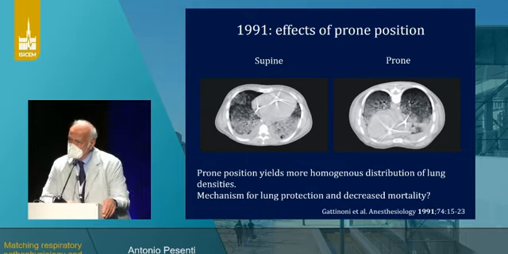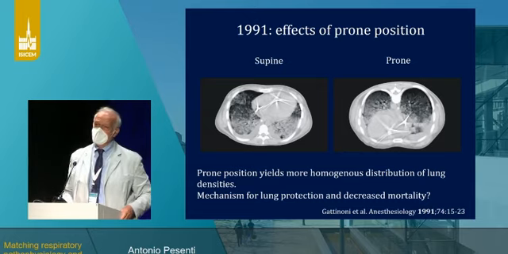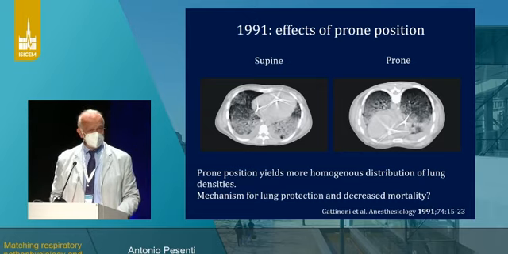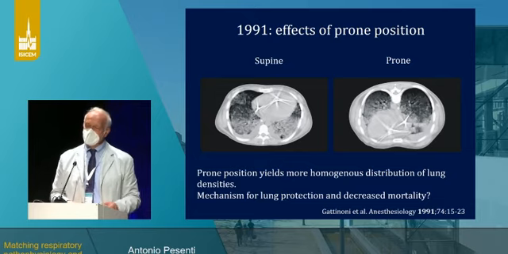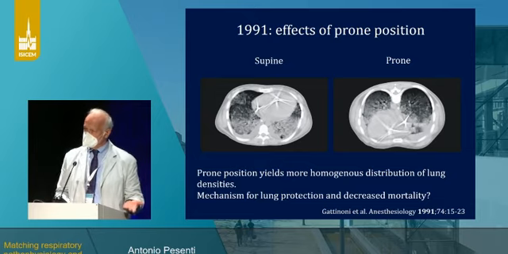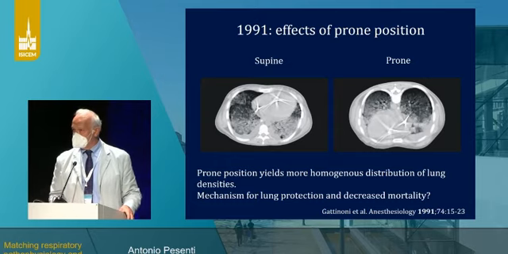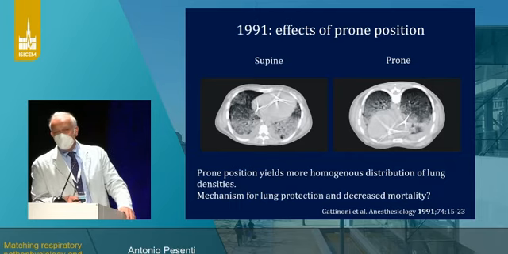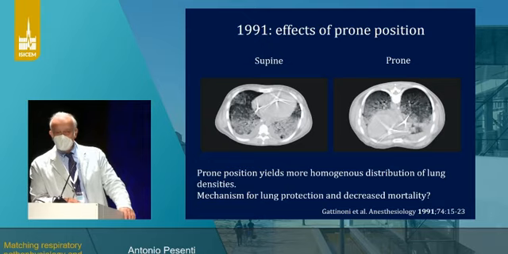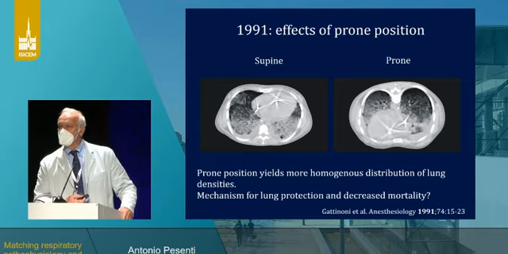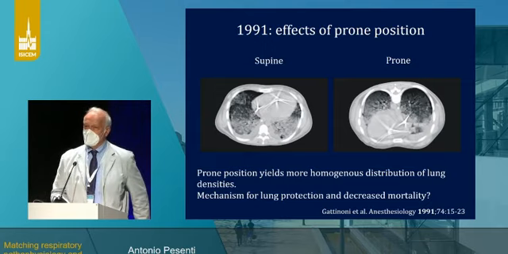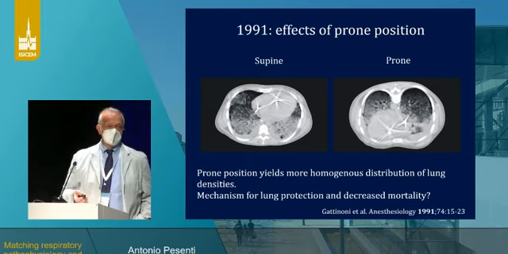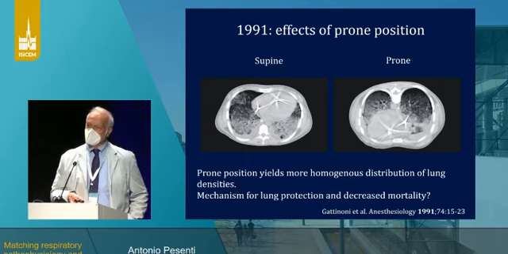We can follow what happens when we prone patients. Even if now, after 30 years of investigations, we are unable to connect the changes in blood gases with proning with the chances of survival. But what we know is that proning redistributes the densities, increases the aerated lung, makes the ventilation more homogeneous, but we cannot connect the change in PO2 with an increased chance of survival.